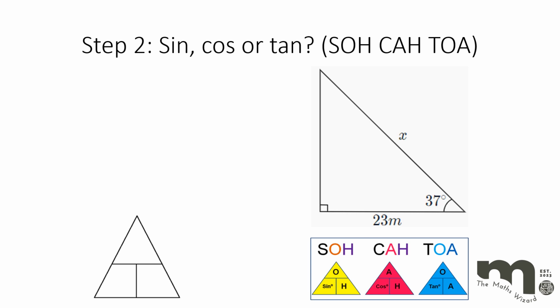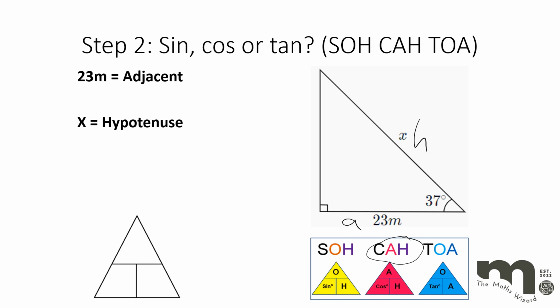We've got this X here, which is the hypotenuse, that's opposite the right angle, and then we've got the adjacent down here, which is this 23 meters. We're working with these two sides, and the only ratio that has the adjacent and hypotenuse as part of it is this cosine ratio.